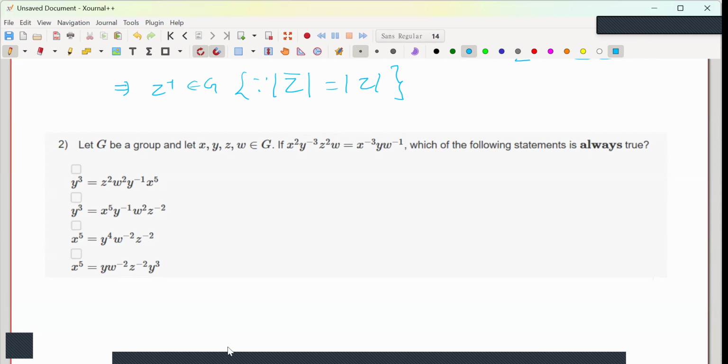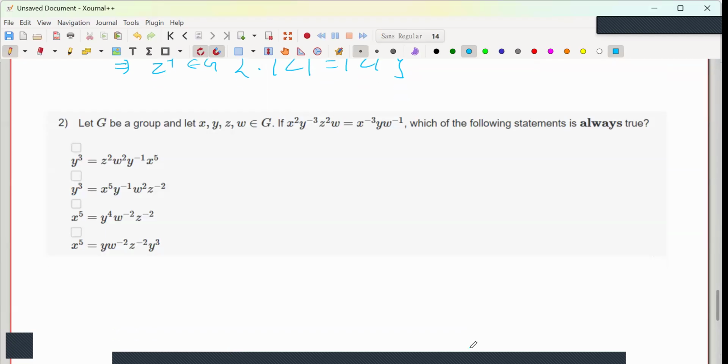Any guesses? 1 and 3. Why? Just doing the calculations. Why not the other options?